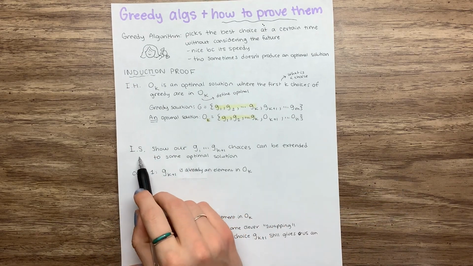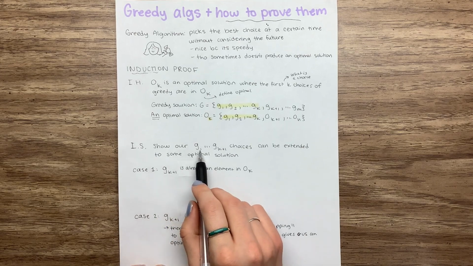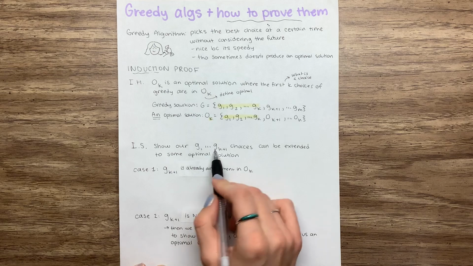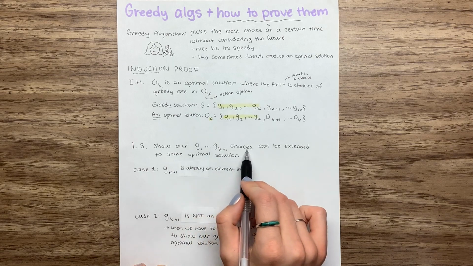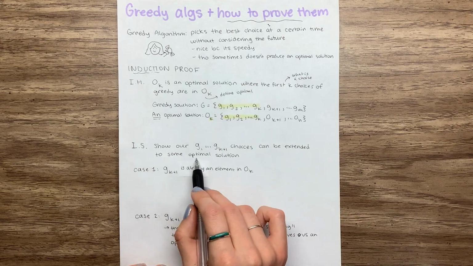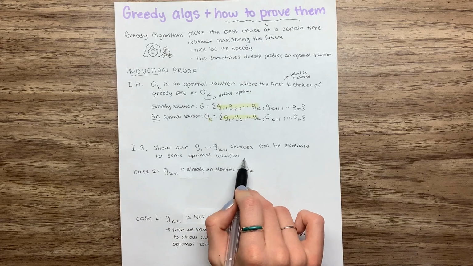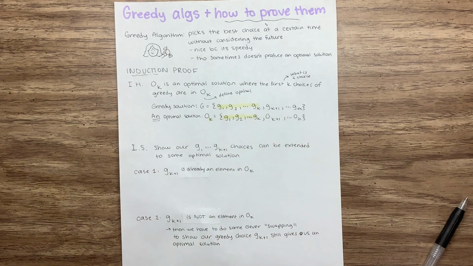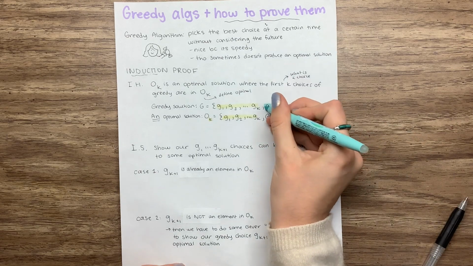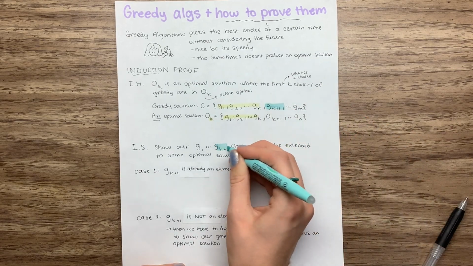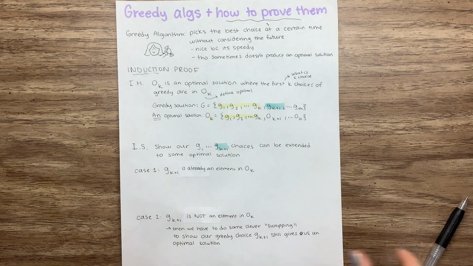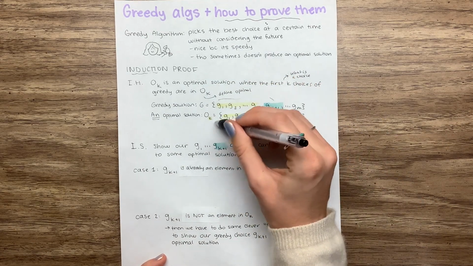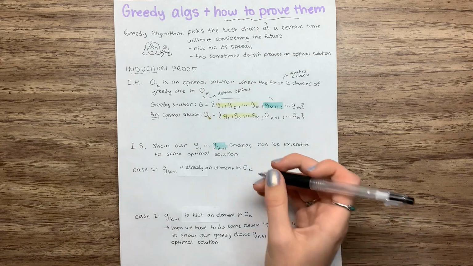For the induction step, we want to show that if we also include the k plus 1 greedy choice, it can be extended to some optimal solution. Even if my greedy algorithm goes on and makes this decision, we want to show that it's possible this subset will be in some optimal solution.